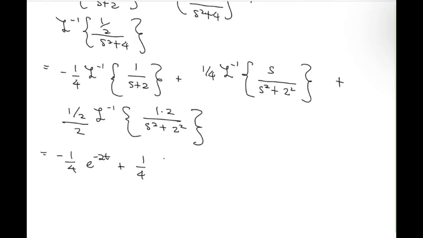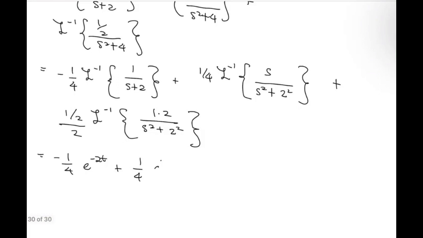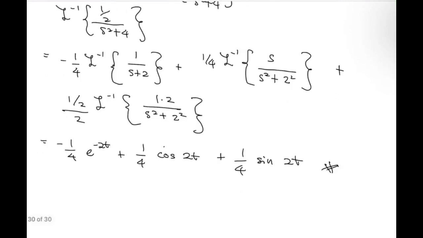So s over s squared plus 2 squared is cos, so this is cos 2t. And then here 1 over 4 also, because 1 over 2 divided by 2 is 1 over 4. This will be sine 2t. Right. So that is the answer.